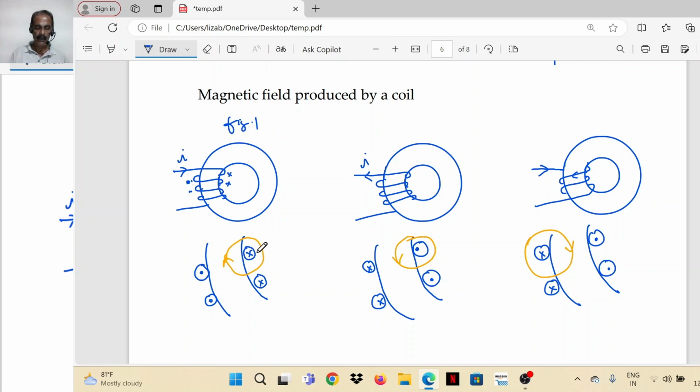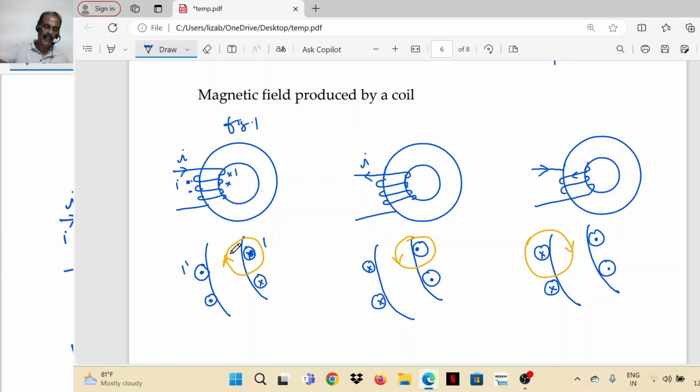So when current is going in, I put a cross mark. Current coming out, put a dot. So this point is 1, this is 1 dash, here a 1, this is 1 dash. The next conductor also is the same. So what is the direction of the field produced by this current?